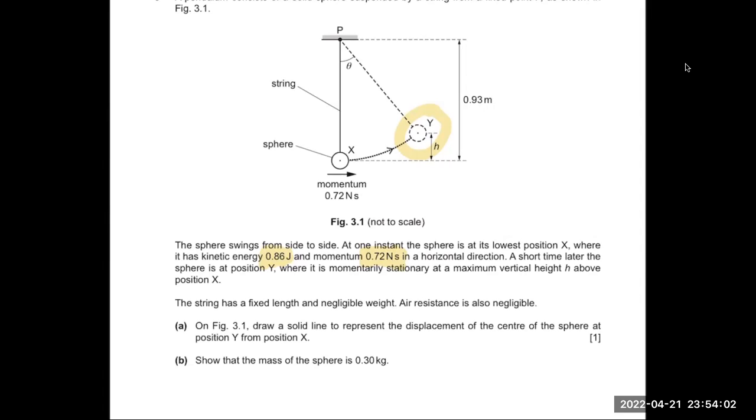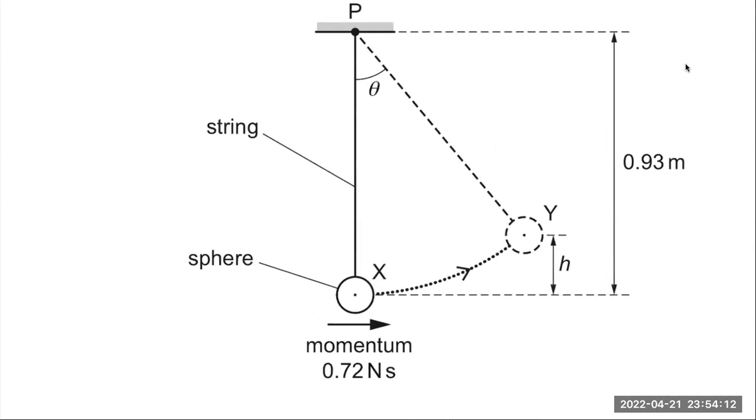On figure 3.1, draw a solid line to represent the displacement of the center of the sphere at position Y from position X. So for the sphere that moves from Y to X or X to Y, this curved path is not the displacement. Displacement is the straight line between their centers, the shortest distance between their centers.